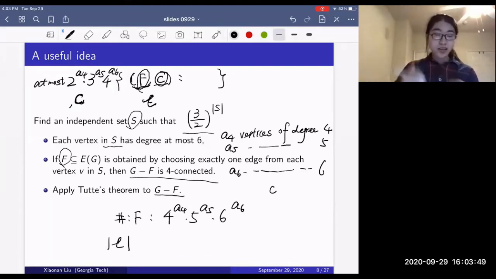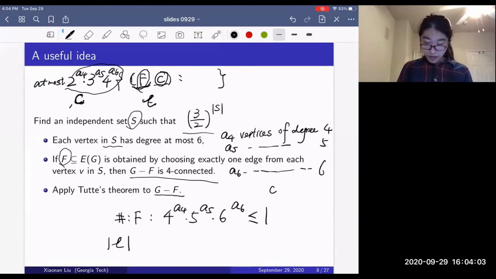So the number of F is at most C times 2^A4 3^A5 4^A6.